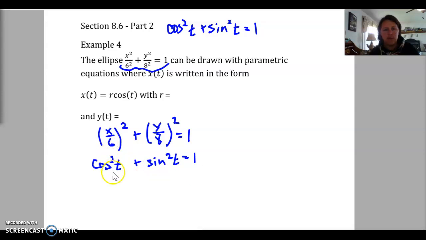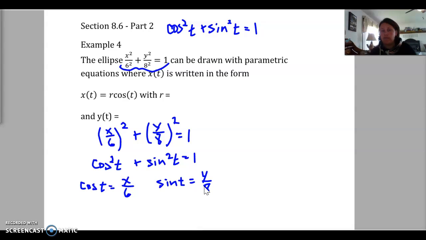So what does that tell me? That tells me that cosine of t must equal x over 6, and then sine of t must equal y over 8.